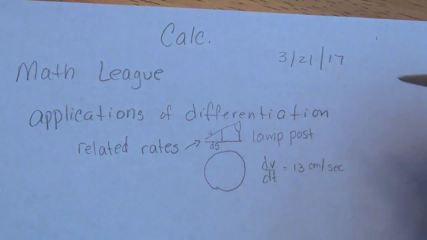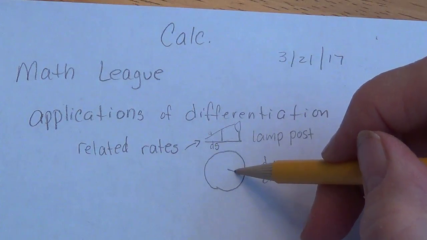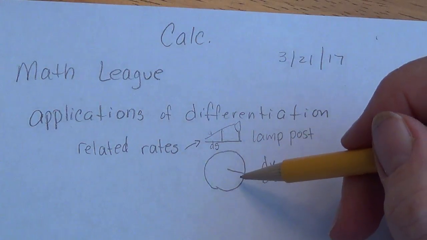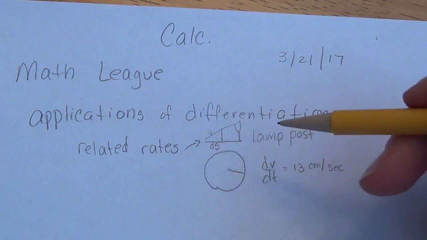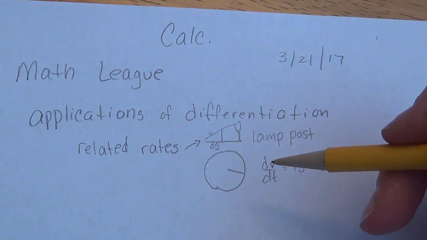And then they want to know at what rate is the radius changing when time is 50 seconds, something like that. So basic inflating sphere problem. And that could also be a cone where water is dripping out of the cone.